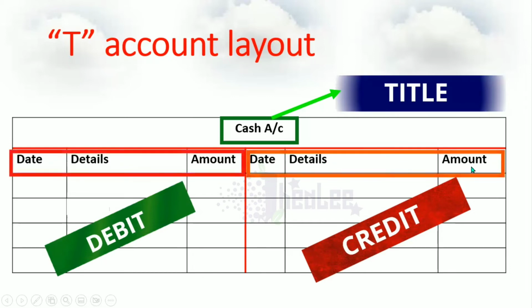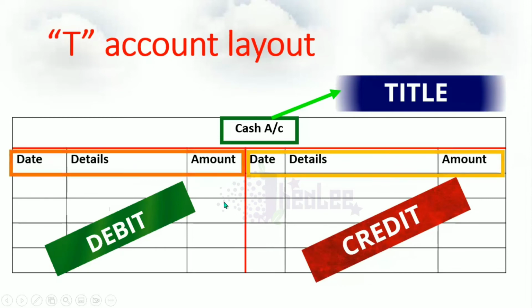So each side of the T account has columns for date, details, and amount. And this is important because as it relates to recording in the account, you'd record in entries. And for the entry, you need the date, the details, and the amount.